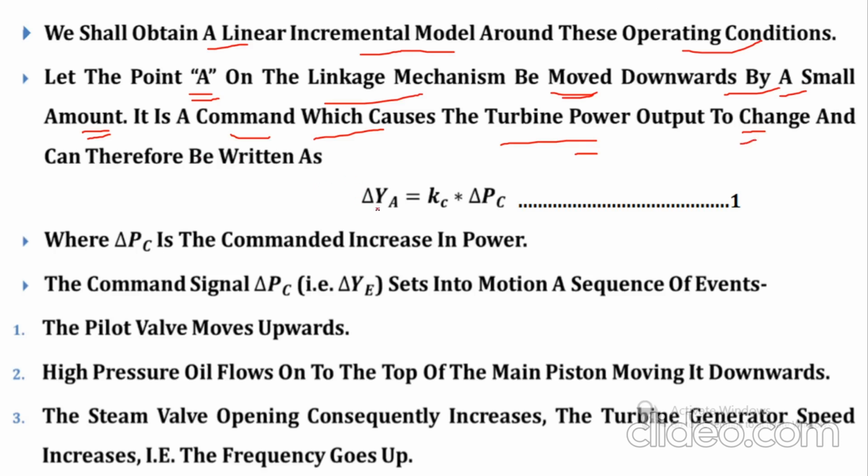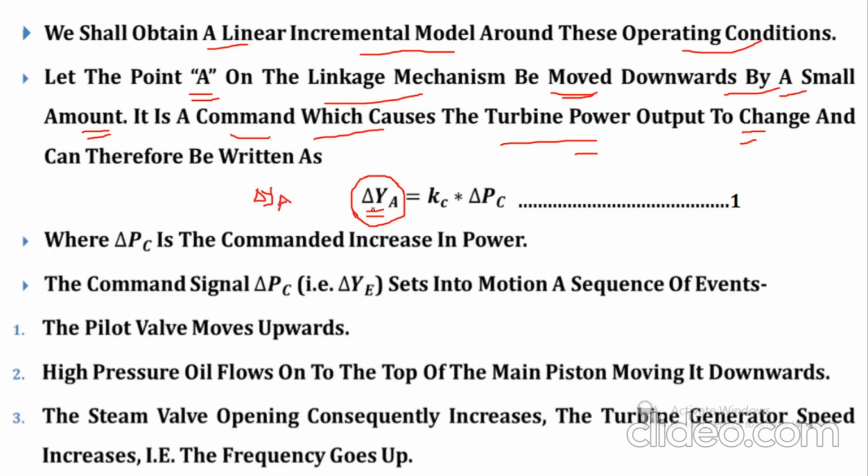So if we shift the valve position in downward direction, then the change in valve setting will be delta YA. Clear? The change in valve setting is delta Y, but it is at point A, so we will write it as delta YA.